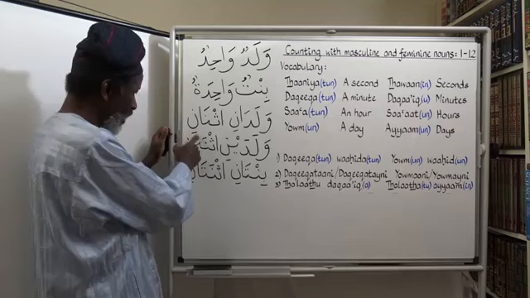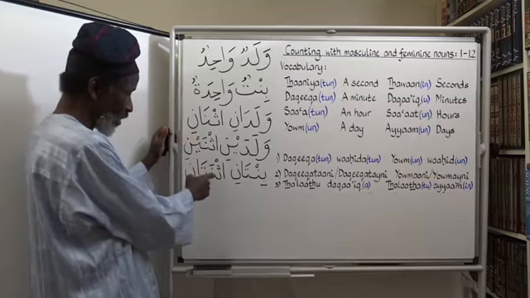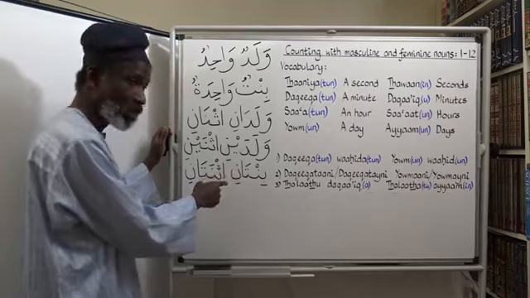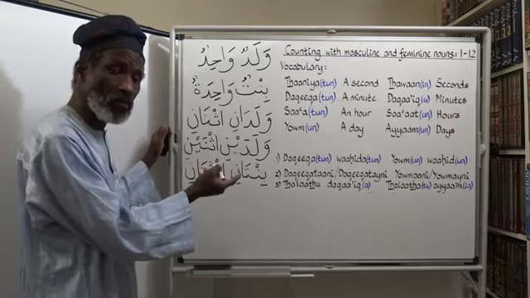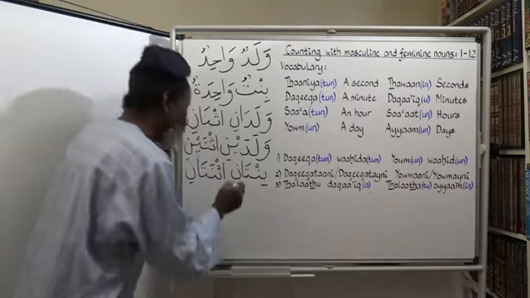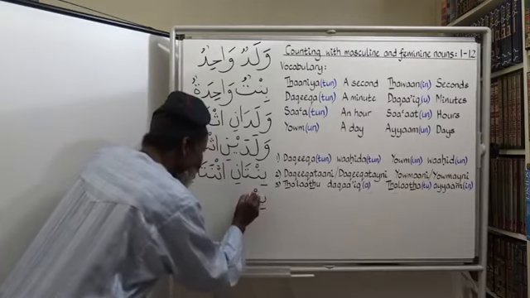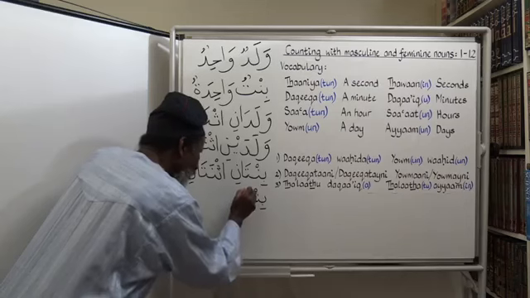Now, ithnaini, if you want to say, it becomes ithnataini, another version of 2 girls in the genitive or accusative form, which you will know much later, is bintaini.